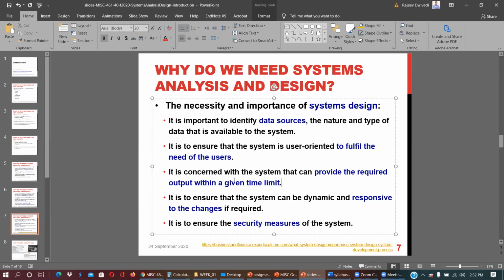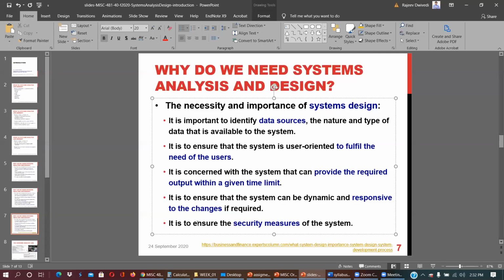If time increases, automatically the budget increases, the money cost increases. It is also ensured that the system can be dynamic and responsive to changes if required. So the system has to be dynamic, and as per the requirement, it can be changed.